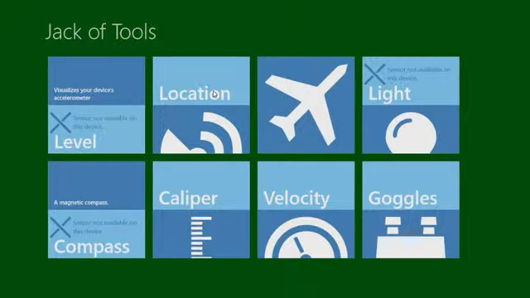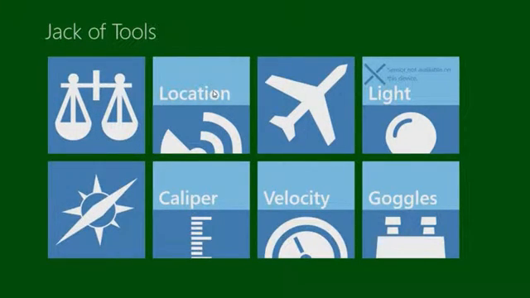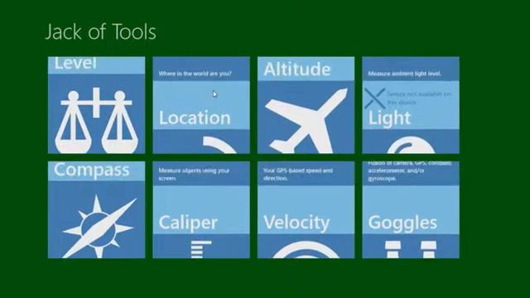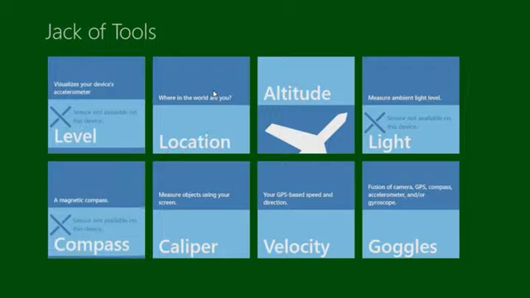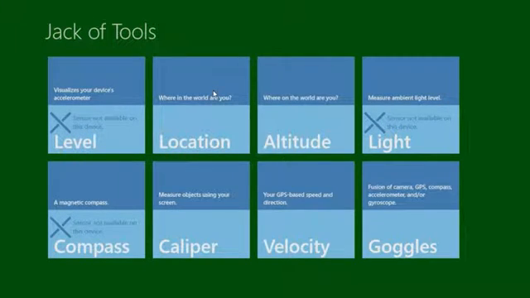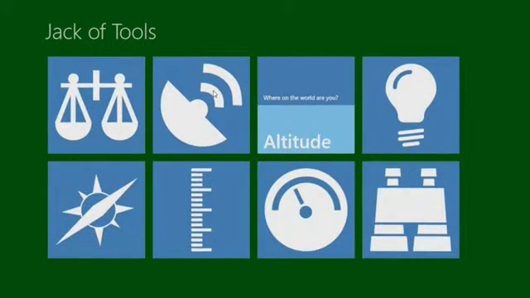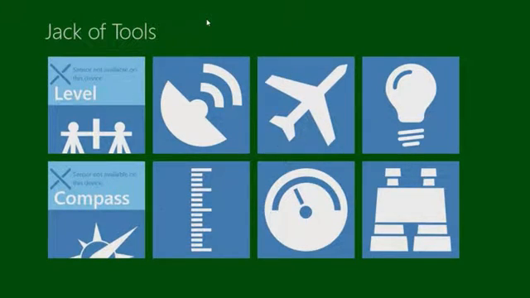So Jack of Tools was written by a developer in Tucson, Arizona, who was among some of the first developers to show up at application hackathons and events in the Arizona area anyway. He wrote this application for the very purpose of testing out what your device is capable of.